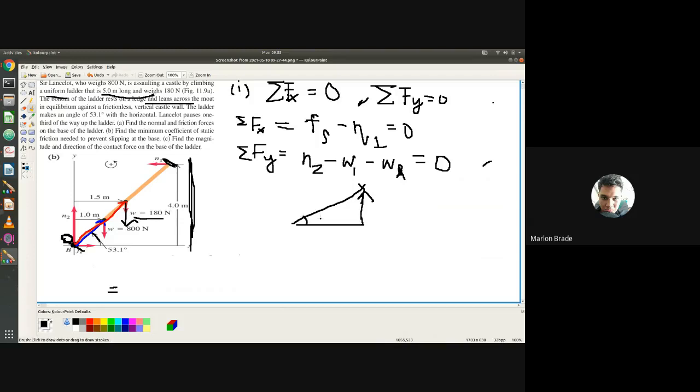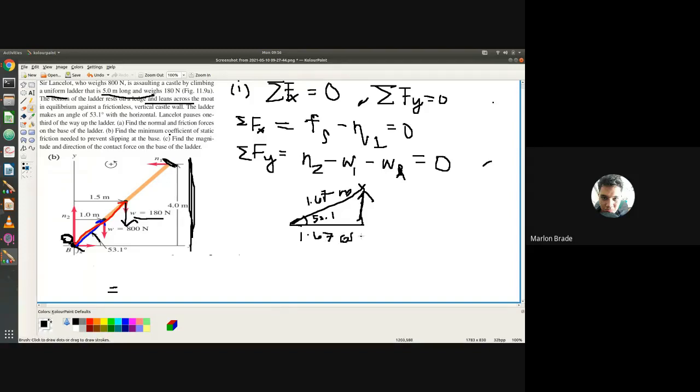This is 53.1, and this is r_L. So 1/3 man daw, di ba? 1/3 man daw siya sa ladder. So therefore this is 1.67 meters. Ang magnitude aning r_L. And therefore pila na ang value sa ubos? This is 1.67.